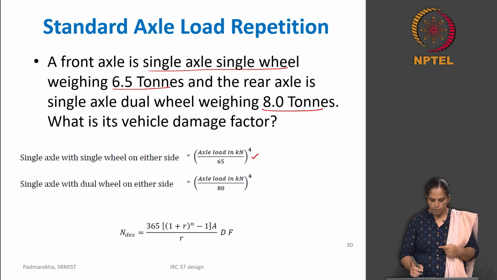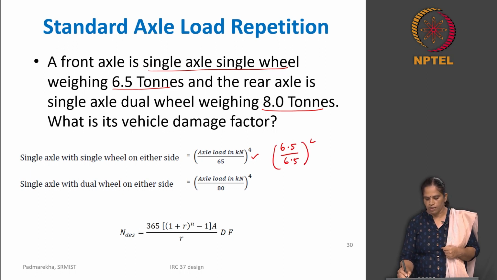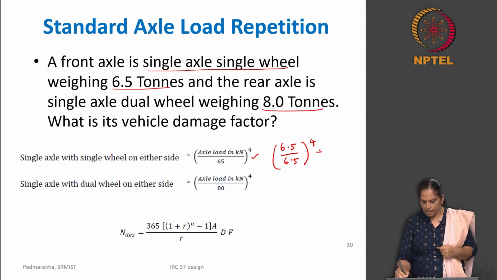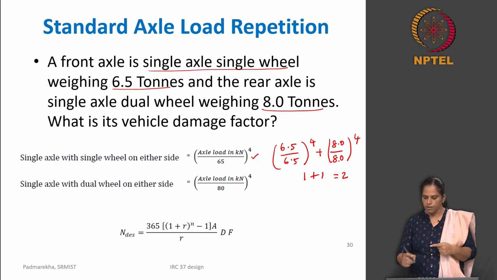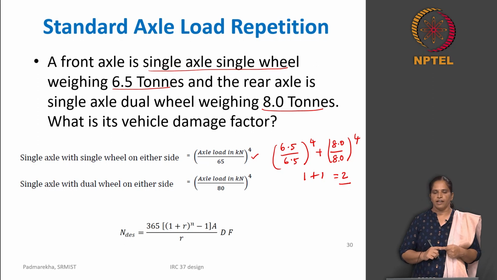It is 6.5 tons, so you have 6.5 divided by 6.5 raised to power 4 as the equivalency factor for the front axle, and the equivalency factor for the rear axle is 8 tons divided by 80 kilonewton. If you convert into tons, you will have 8 again raised to power 4. So, you will have 1 plus 1, which is equal to 2. So, this vehicle with a front axle of 6.5 tons and a rear axle of 8 tons is equal to 2 repetitions of a standard axle load.